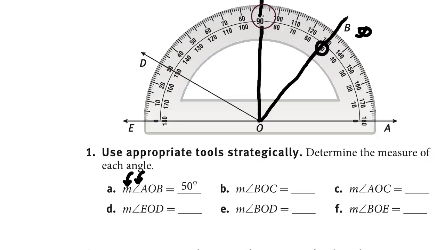And C is crossing the protractor at this number, which is 90. If we want to find the measure, we subtract those numbers, 90 subtract 50, and we find out that that is 40 degrees. We would determine the other measures in the same way. Find out where both sides of the angle are crossing the protractor, and then subtract the two values.